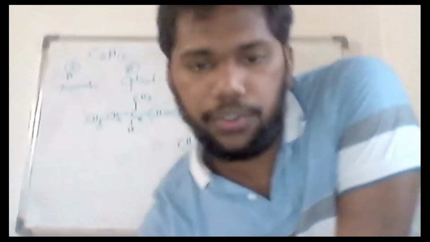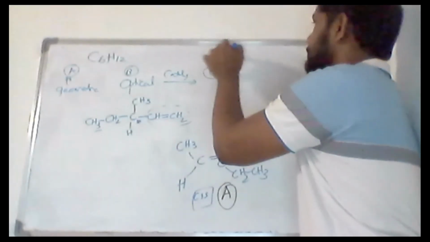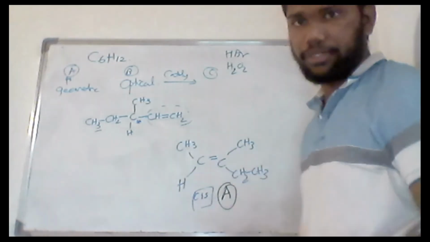Now, what they are doing here is reacting A and B separately, first with HBr, but in a peroxide medium. H2O2 is the peroxide medium.